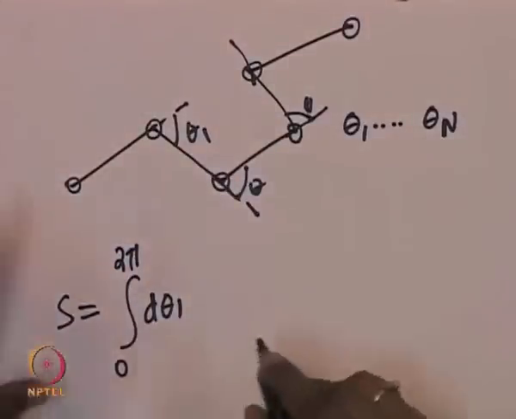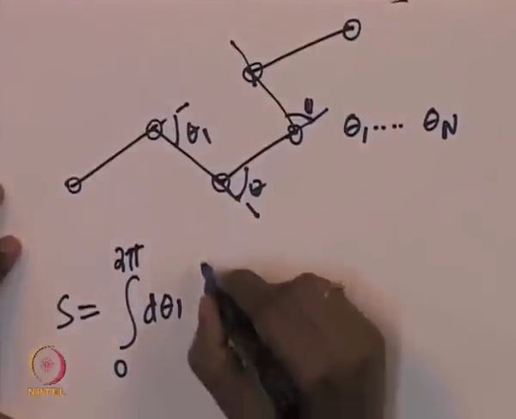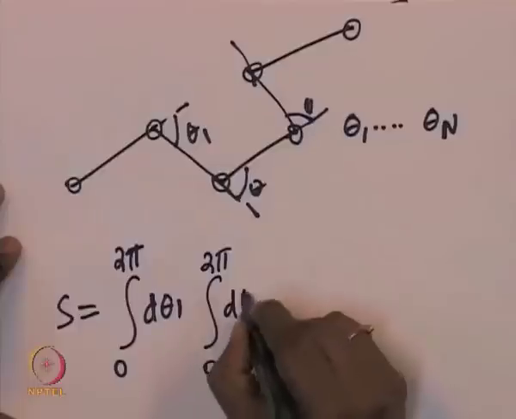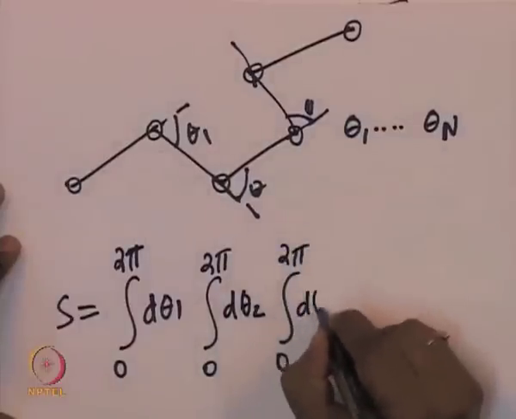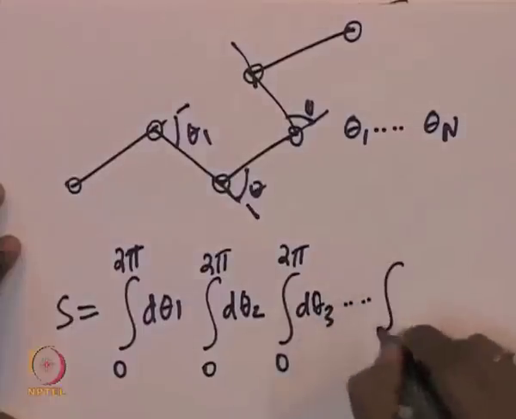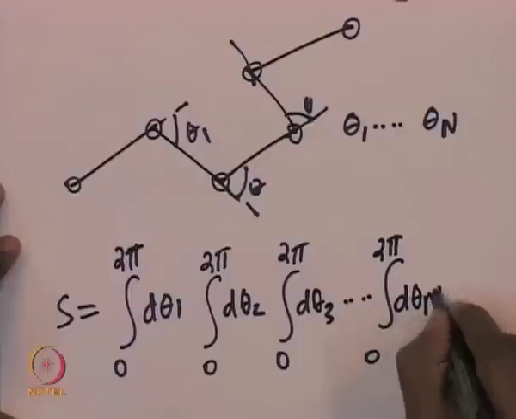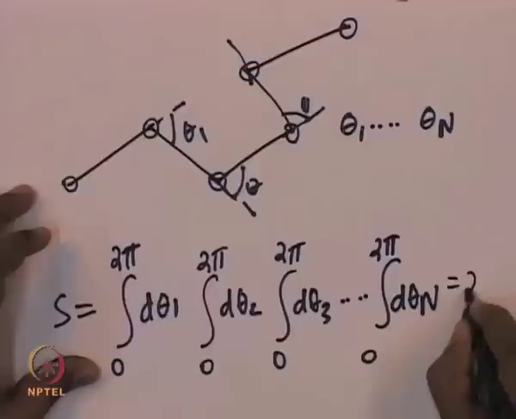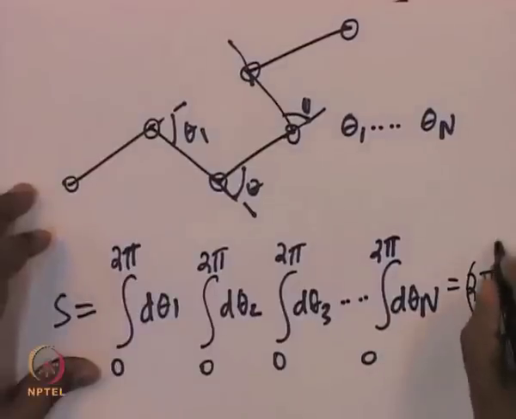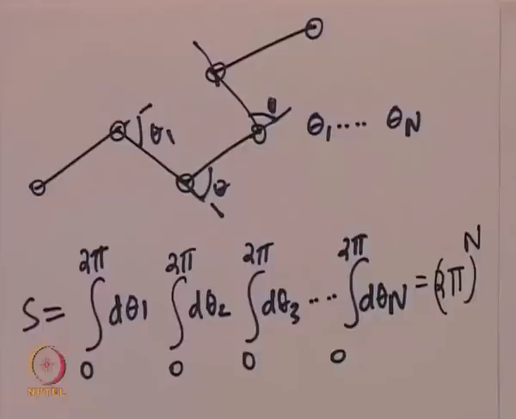So, the total number of conformations will be this integral 0 to 2 pi d theta 2, 0 to 2 pi d theta 3, up to 0 to 2 pi d theta n, and the answer will be 2 pi whole power n. So, the entropy will be 2 pi whole power n. So, this is the way we can calculate entropy.